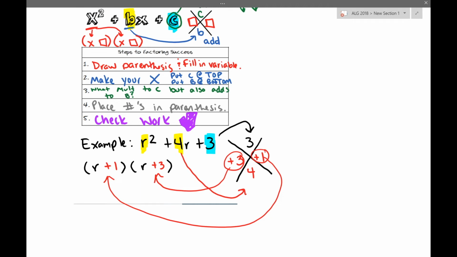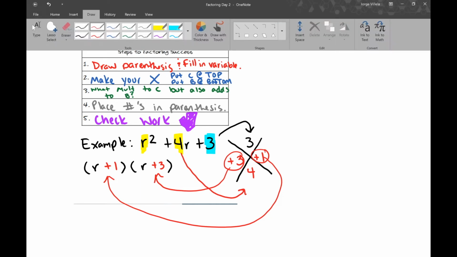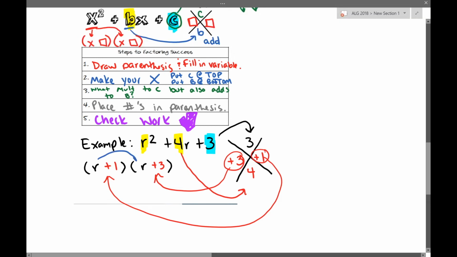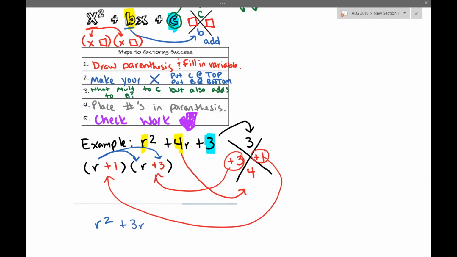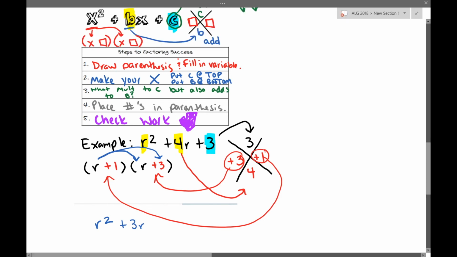All right. If I wanted to check my work, all I need to do is use FOIL. So FOIL is r times r is r squared. R times 3 is 3r, so plus 3r. Then I have 1 times r, which is plus 1r, and 1 times 3, which is plus 3.